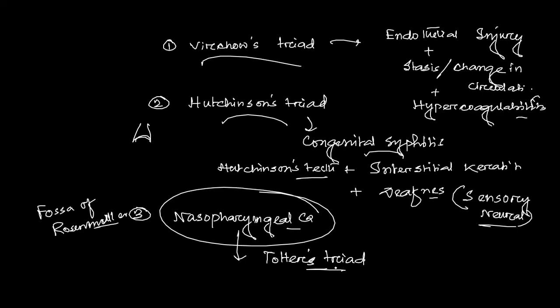In nasopharyngeal cancer, there will be conductive hearing loss, plus the patient will have trigeminal neuralgia, and the patient will have ipsilateral, or you can say homolateral, soft palate that will be immobile.